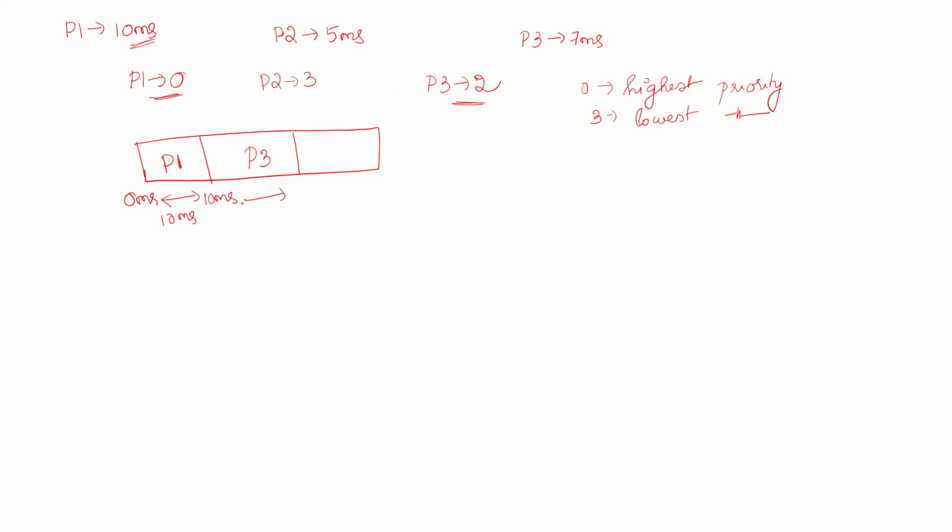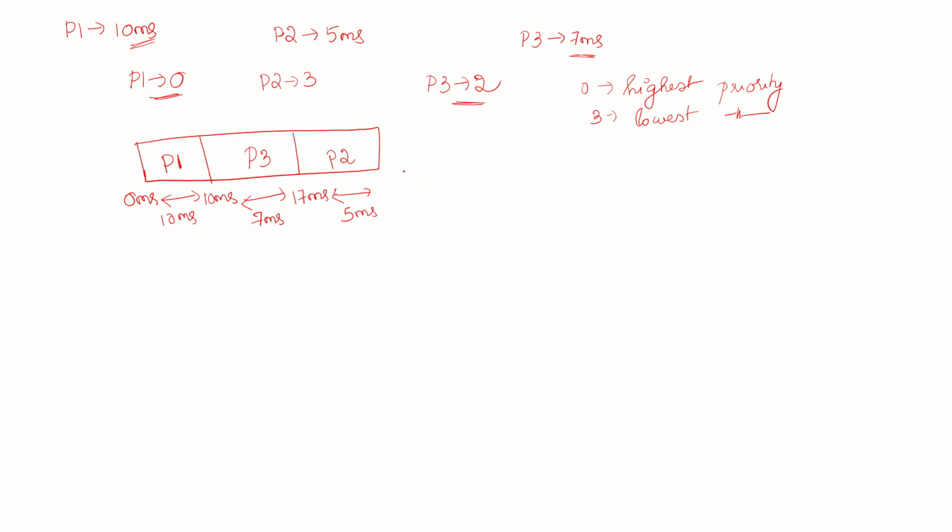It executes for how much time? P3 is 7 milliseconds, isn't it? So I will write it here as 7 milliseconds. So at 17 milliseconds, P3 stops, whereas P2 comes into picture. P2 comes at 17 milliseconds. It takes 5 milliseconds for the execution, isn't it?